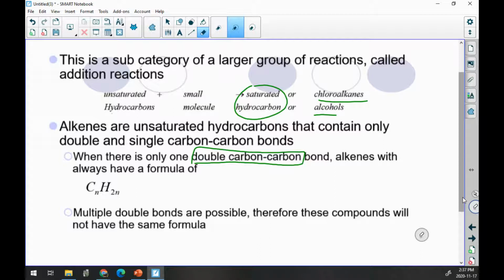If you have more than one double bond, you basically have two fewer hydrogens for every extra double bond. So if I have three double bonds, I'm going to have six fewer hydrogens compared to the twice as many plus two that we usually have with single bonds.